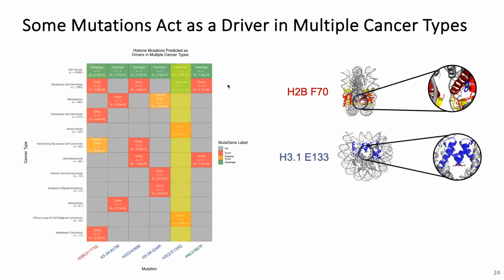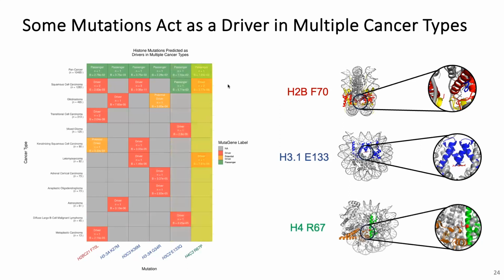Now, another mutation that we found is the H3.1E133Q mutation, which is rather peculiar. We're still looking a little bit into this mutation, but it's interesting because it occurs on the C terminus of the H3.1 protein, where generally speaking, there haven't been any other driver mutations found inside of this region before.